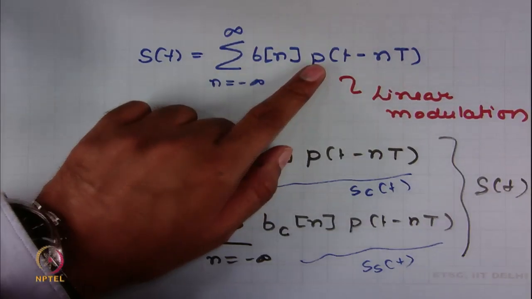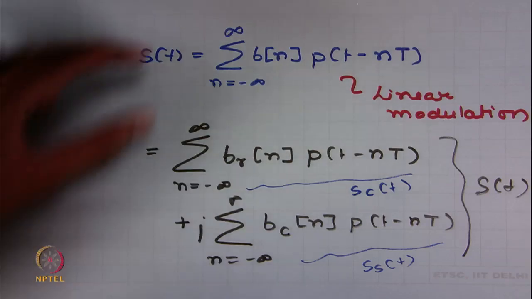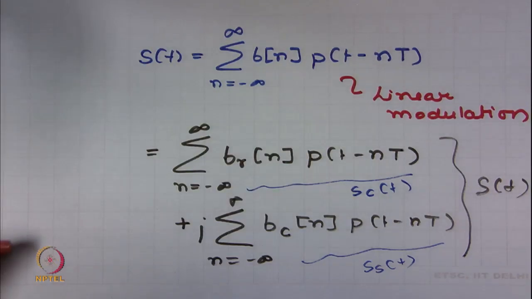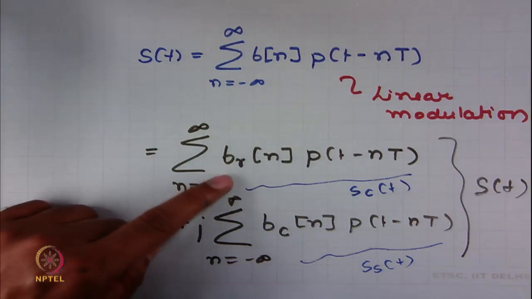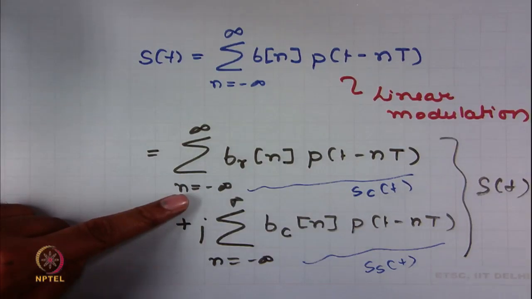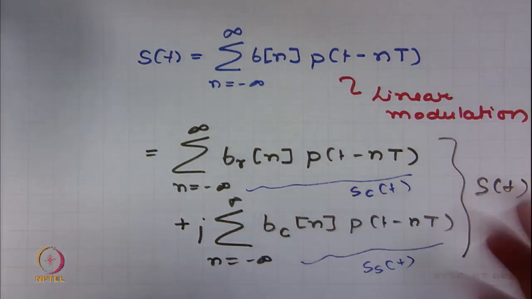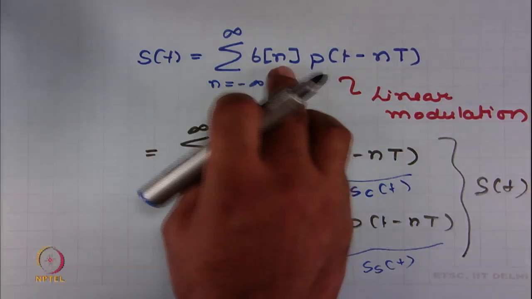If this part is complex and this part is real, you will eventually get a complex thing, and so this will be a complex baseband waveform. It can be decomposed into two real waveforms, so one you can treat as s_c(t), and the other one you can treat as s_s(t). Eventually, you can assume b_n to be real as well as complex.